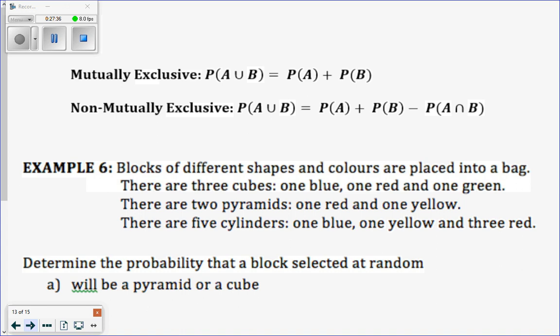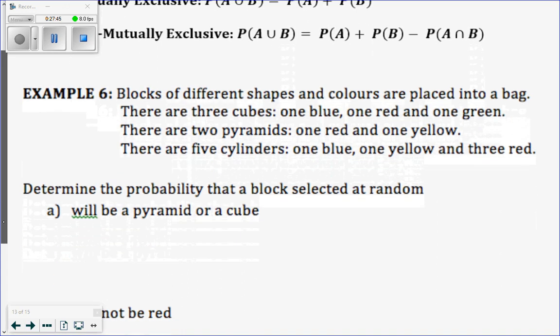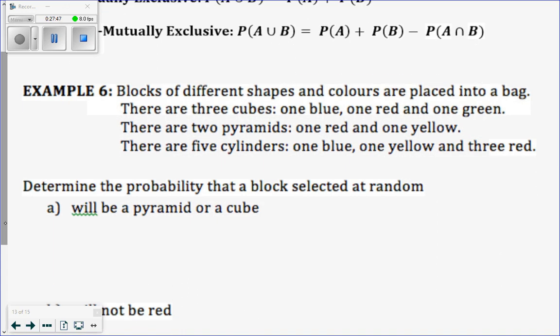Okay? So this is more diploma exam style because everybody should be able to understand that. Determine the probability that a block selected at random will be a pyramid or a cube. So see if you can figure that out.